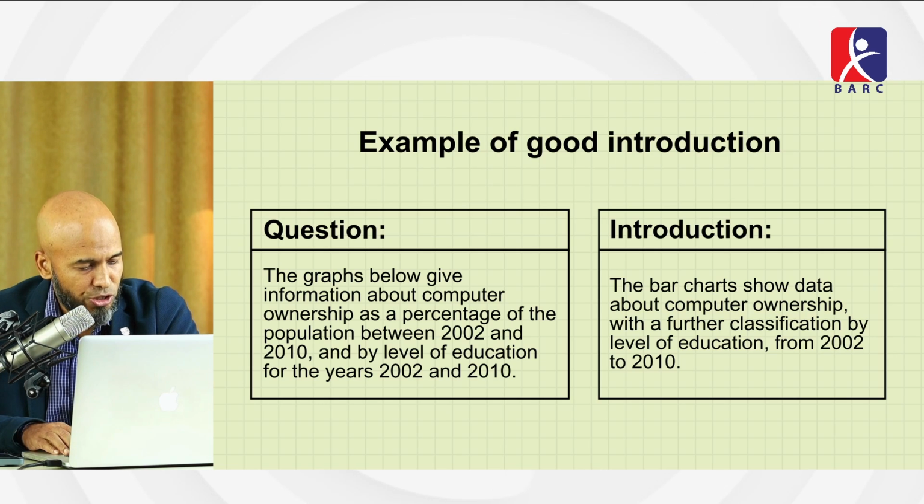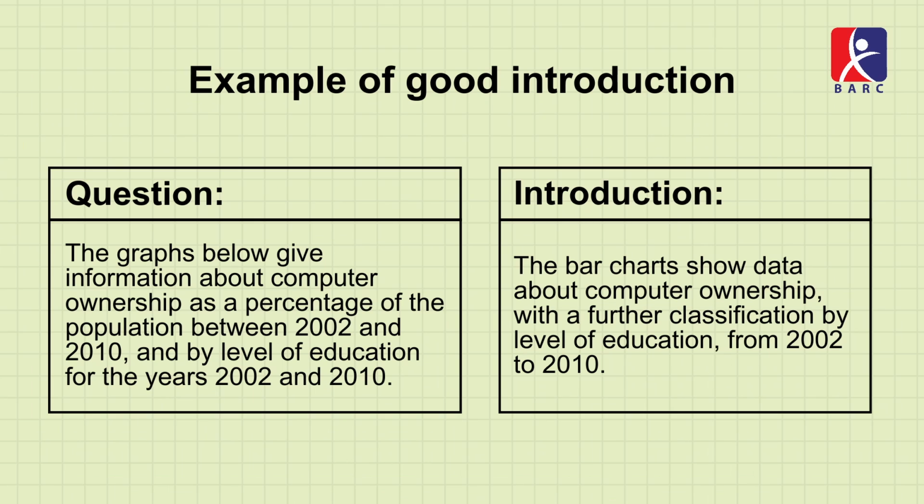So this is your question and the introduction. The question says, the graphs below give information about computer ownership as a percentage of population between 2002 and 2010, and by level of education for the years 2002 and 2010. As soon as you see that, you start paraphrasing it.